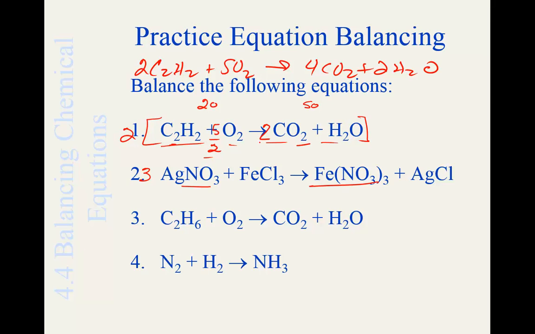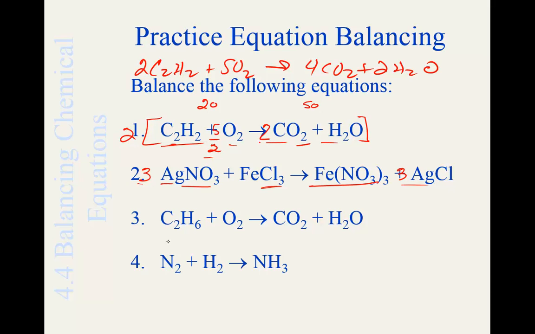So I wouldn't worry about that. And so we would look at this and say, oh, well, I've got 3 chlorines here, so I'm going to have to put a 3 in front of that. And that balances the equation. This 3 gives me 3 silver, 3 chlorine, 3 chlorine. All right.